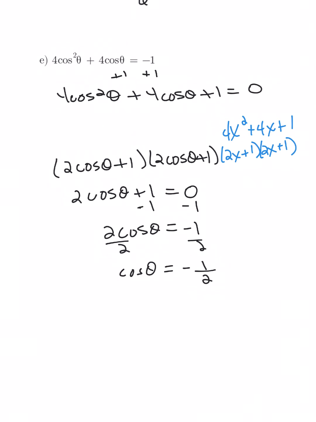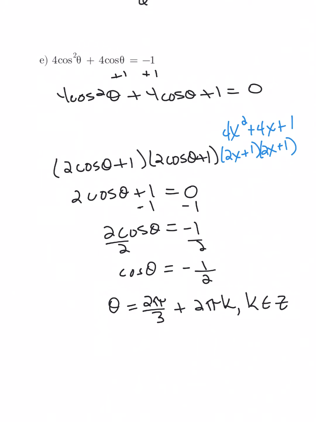Where is cosine negative? That's quadrants 2 and 3. So the theta in quadrant 2, where the cosine is negative 1/2, is 2 pi over 3. In order to get back to quadrant 2, we have to make a full lap around, so we do plus 2 pi k, with k an element of the integers.